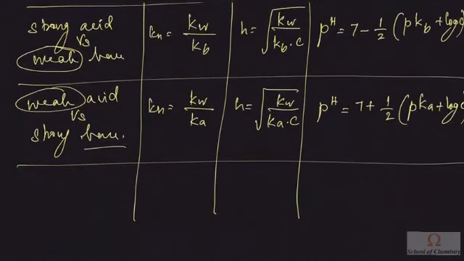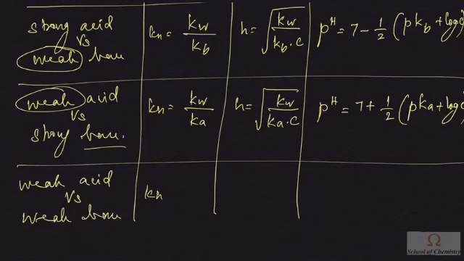Now the last one, that is weak acid versus weak base. Here for KH, the numerator will contain the same KW and the denominator will contain both Ka and Kb.